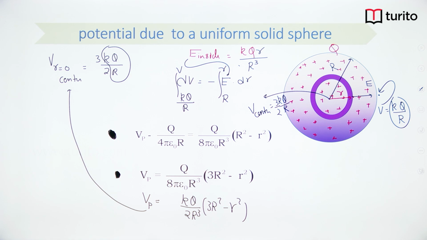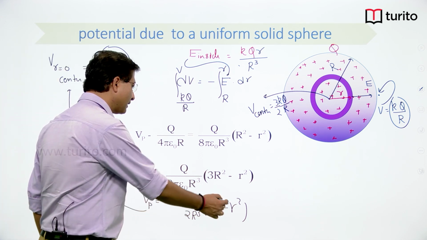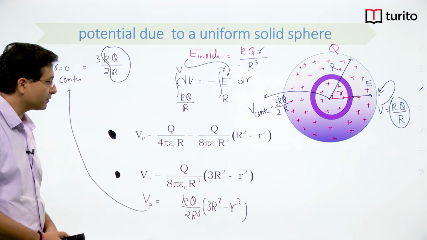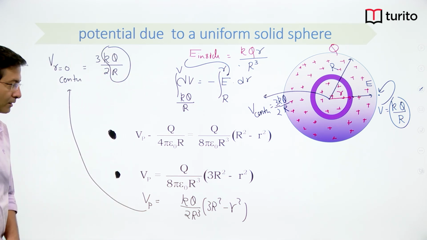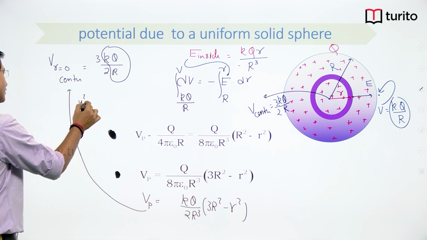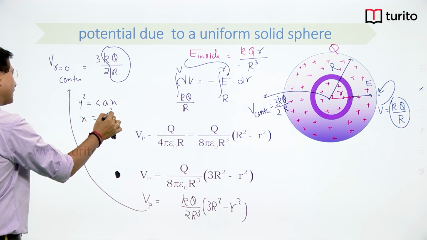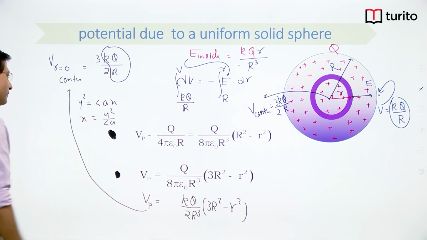And how is potential varying inside? You can see V to the power 1, r square, this is a parabolic function, an inverted parabola. It is in the form of y square is equal to 4ax, or x is equal to y square divided by 4a.